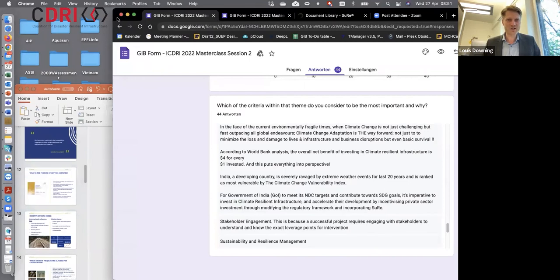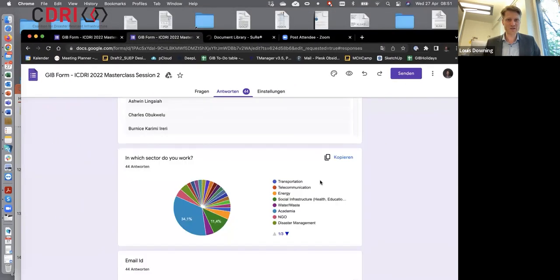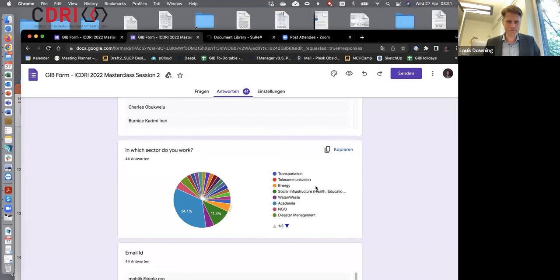Oh, I also just wanted to flash on the screen who's in the room. So this is really interesting. About 30% of the people in the room are from academia, 11% working in social infrastructure, some water, waste, energy, but apart from that, I mean, most people here are really spread across different sectors.